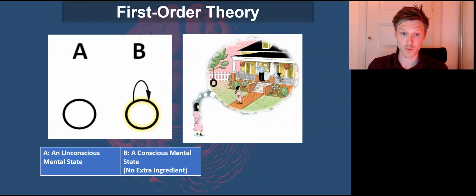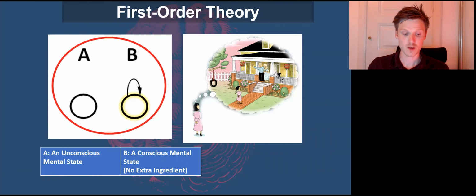But here, the first order theory proposes that it is something inherent in the mental state itself. It is something already present in the mental state. It is a specific property or characteristic of that mental state that it can use to determine whether or not it's conscious or not. And you could say it doesn't need anything else than itself in order to become conscious. So we can draw this red line around it, this border around it, to say that it doesn't need anything else to be conscious.